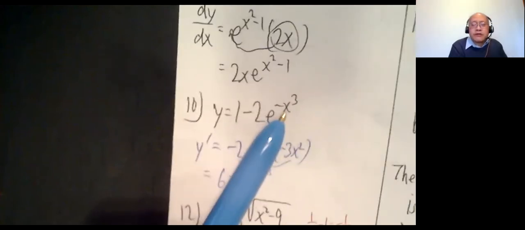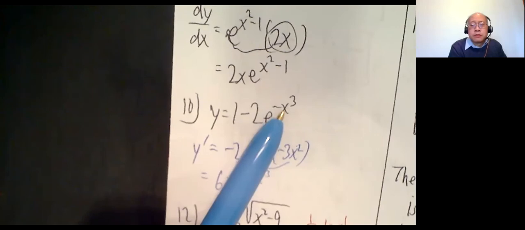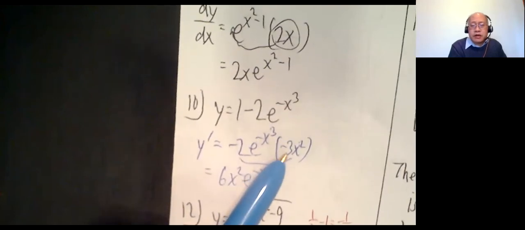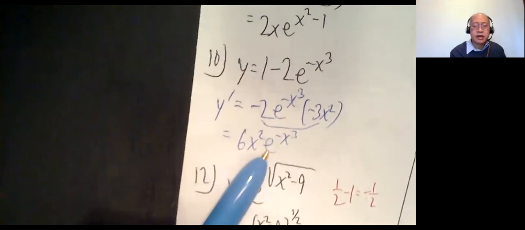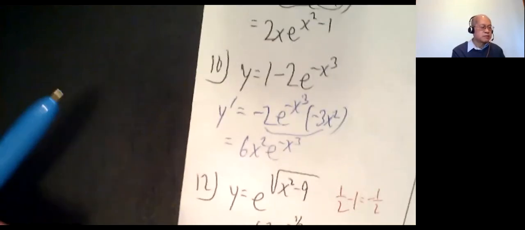But that's not all. It's times the derivative of negative x cubed, which is negative 3x squared. Okay, and then if it's easy to multiply, you should, like this one. Negative 2 times negative 3 is 6. So final answer is 6x squared e to the negative x cubed.